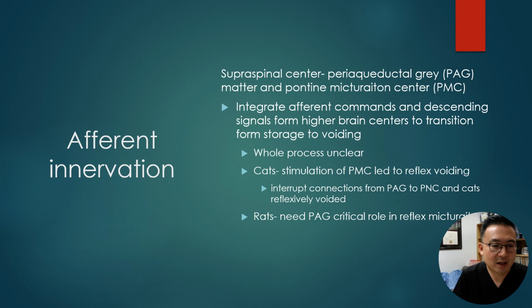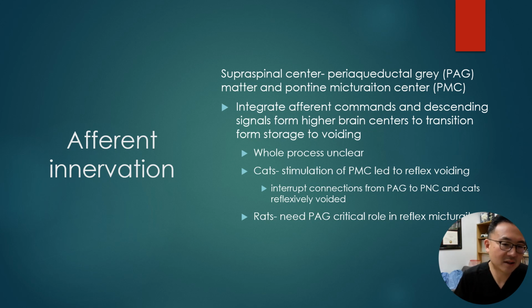So the supraspinal centers are responsible for integrating afferent commands and descending signals from higher brain centers to transition from storage to voiding. And so what this means is the afferent signals come up to the periaqueductal gray matter, conveying a sense of fullness. And then other portions of the brain, I think the frontal cortex and other portions, we're not entirely clear on this process, tell us whether it's a socially acceptable time to void.